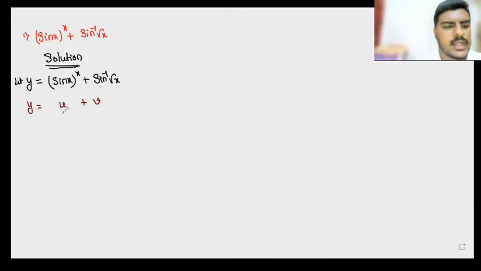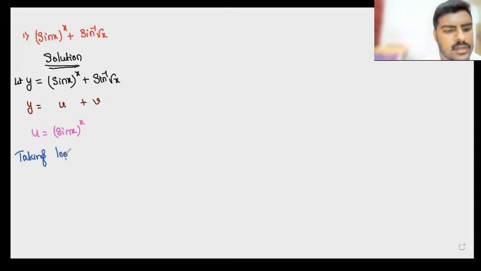Now u is (sin x)^x. Dear students, now we can take log on both sides.